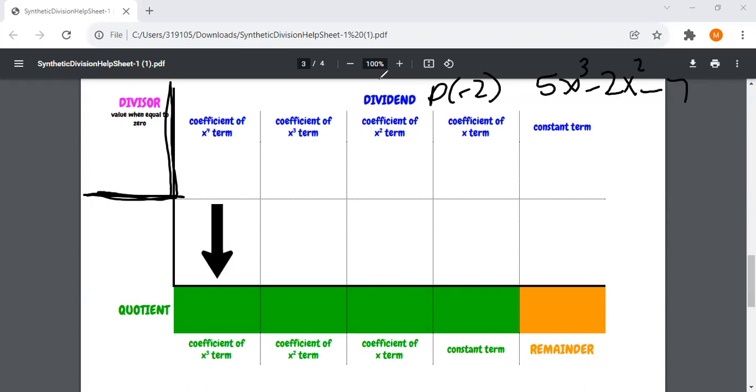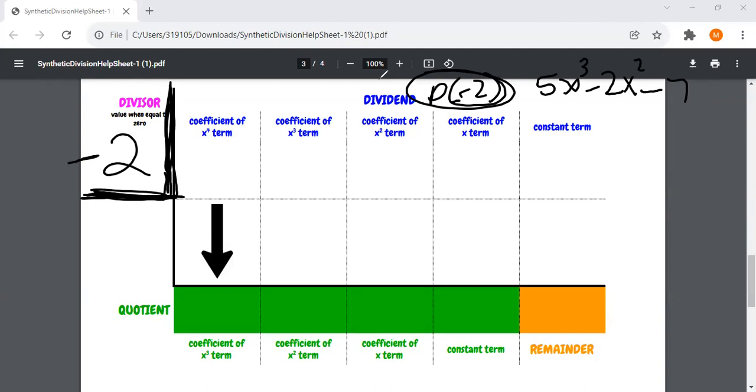Over here, on the outside of the synthetic division. A negative number does go here. -2. That's the one I'm looking for. So that -2 is going to go in that little box.